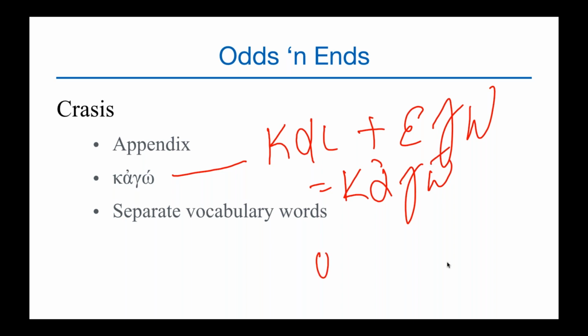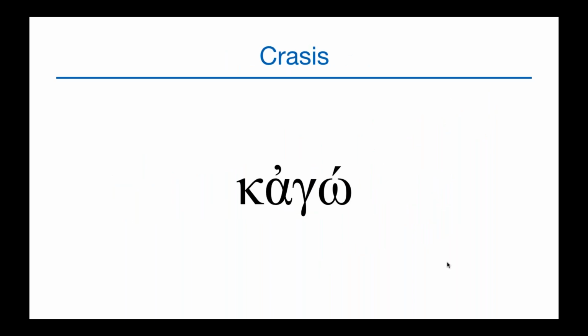And kago means and I. He does point out here that they are separate vocabulary words, but you will see a handful of these. You won't necessarily have a vocabulary word for all of these because they're not terribly common. But sometimes, even if you don't know what the word is, you'll be able to figure it out because of the two words that make it up. So, kago.